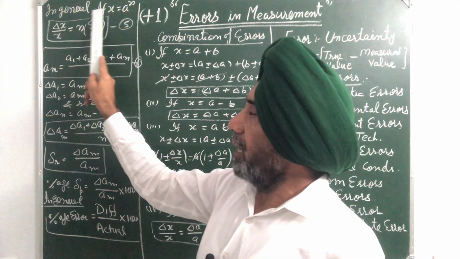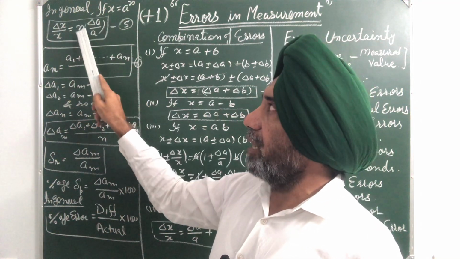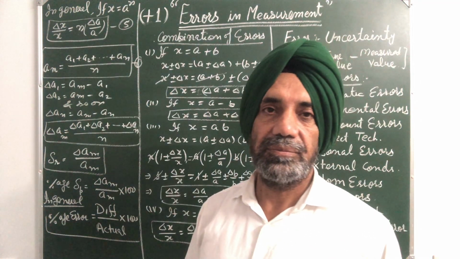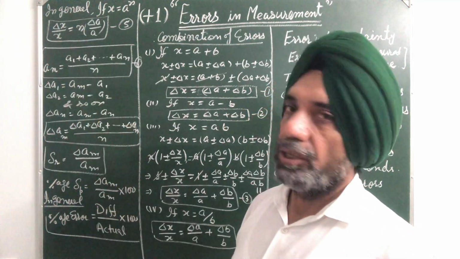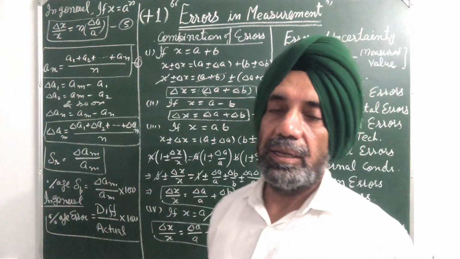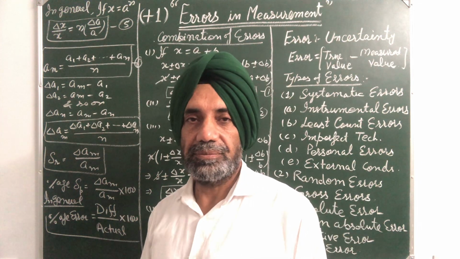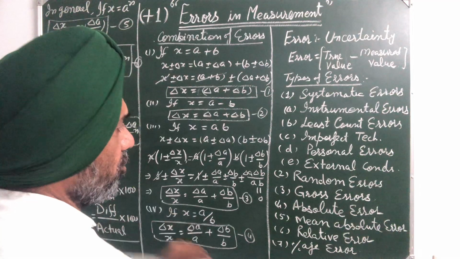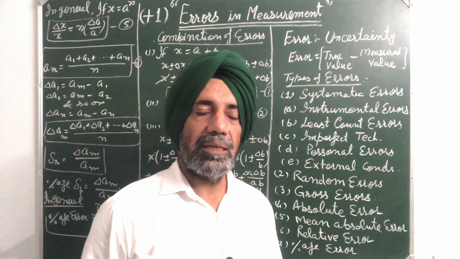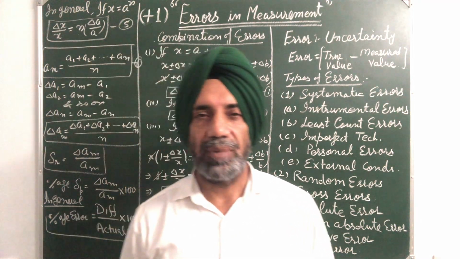It means relative error in x is n times the relative error in a. So the more the power of a quantity, the more the error. So this is all about errors in measurements.